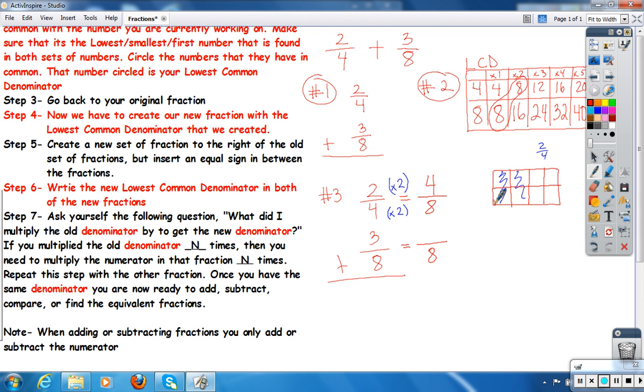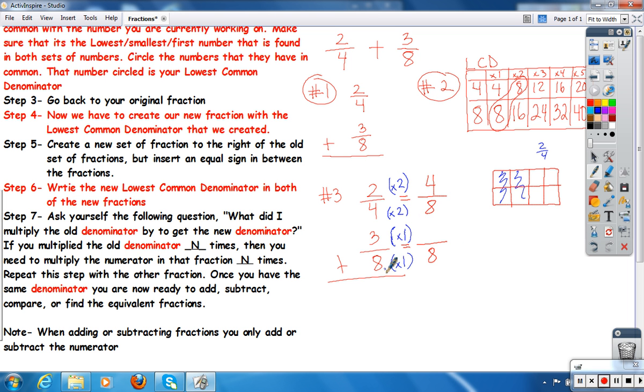This right here. So now we're going to do the same to 3/8. How did I get from 8 to 8? Skip count by... multiplied it times 1. Good. Now, whatever I do to the bottom, I do to the top. It's important that you do it to the top, to the numerator, and not to the other fraction. You need to stay within your same fraction for this rule to apply.